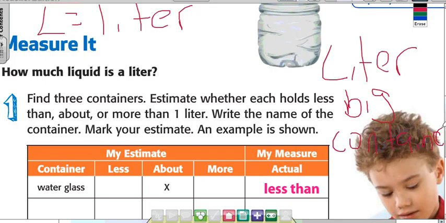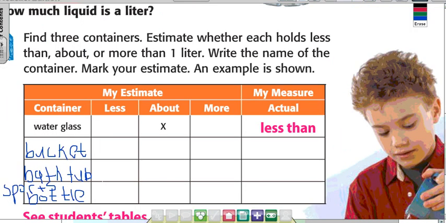A big container. If it's less than a liter, it would be something smaller. So let's say we have a bucket of water, a bathtub, and a sports bottle. So a bucket, is that less than a liter, about a liter, or more than a liter?